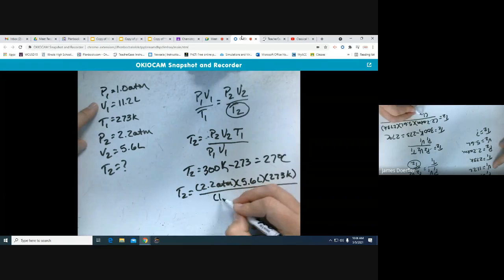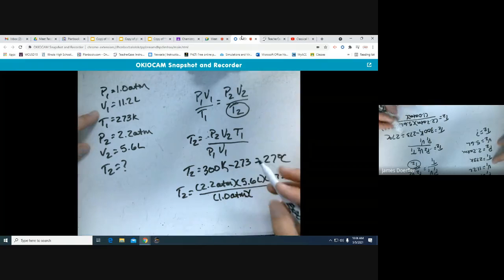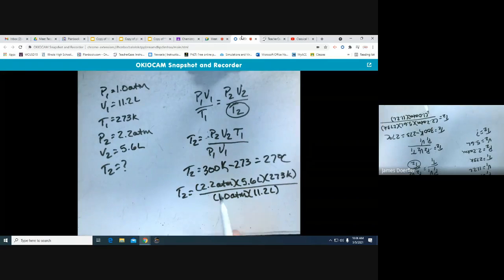P1 was 1 atmosphere, and V1 was 11.2 liters. Okay. So take your top, multiply them together, and divide that by 11.2. So, okay, 300 Kelvin, which is what we should get for Kelvin.